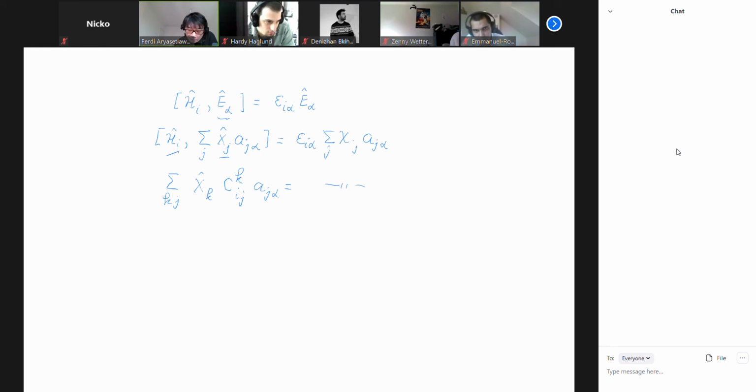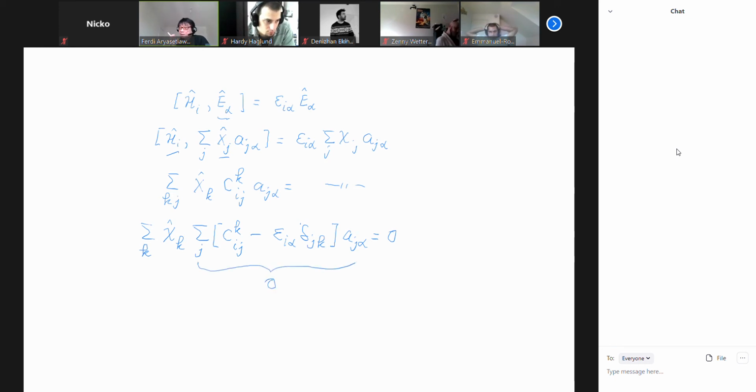We can rearrange this equation to give me the sum over j of c_kij minus the eigenvalue times the Kronecker delta, and that must be equal to 0.